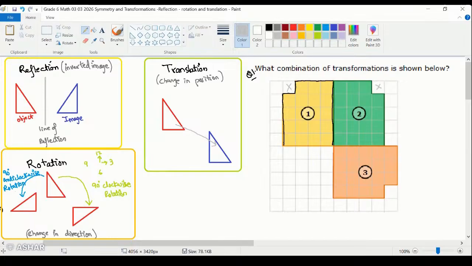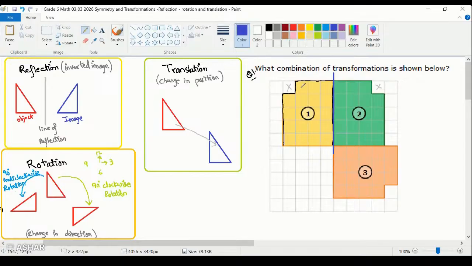So can I say that when the shape is flipped over, what happens to it? It's reflected. Can we say it is reflected? Prinsley, can we say this box is reflected?